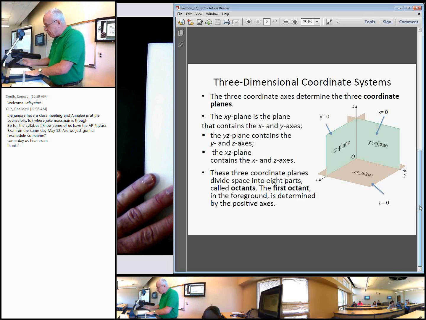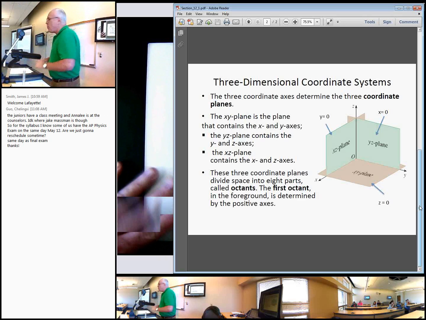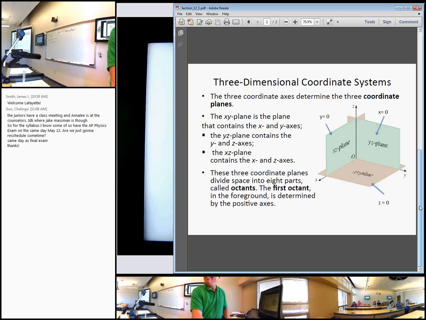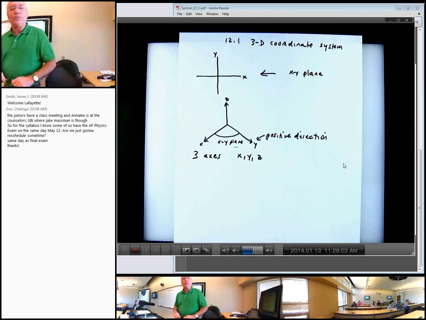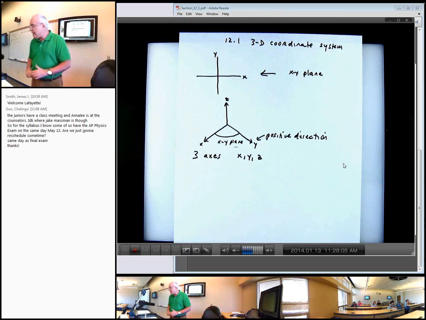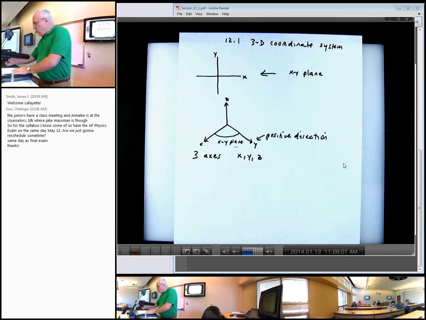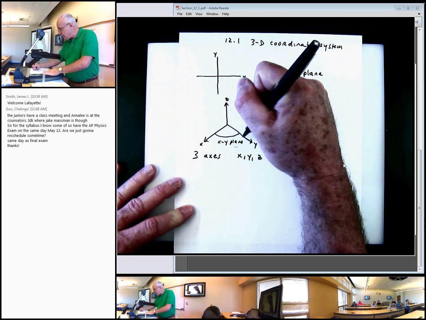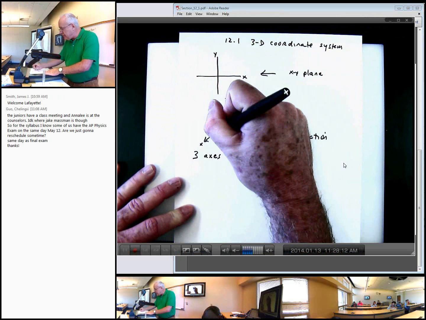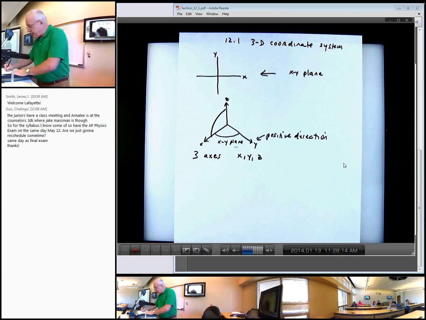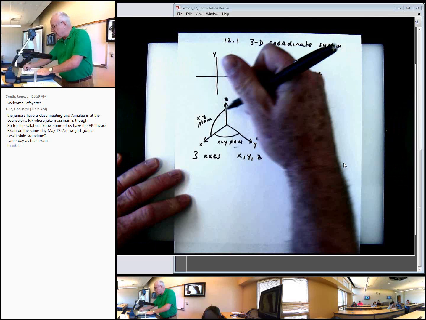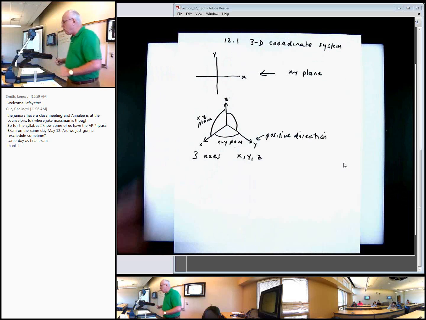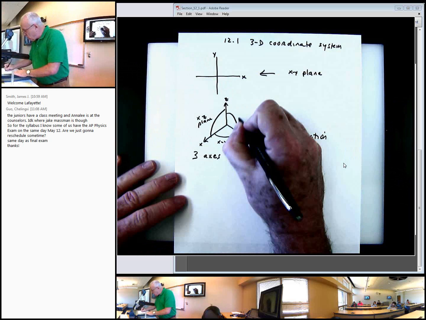So we have this plane right here, the XY plane. Then, if we looked at the combination of, say, the X and the Z, we have an XZ plane. And if we look at the other combination of the Z and the Y, we have a YZ plane.